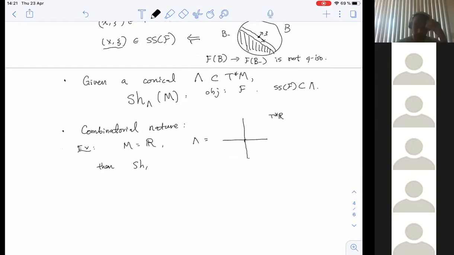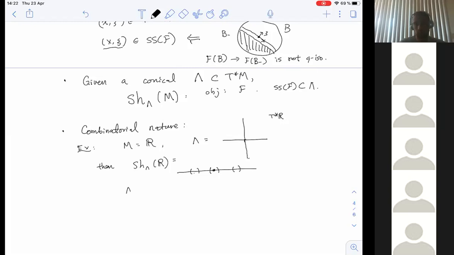Then the constructible sheaves on R with this stratification are represented as a representation of a quiver, because to give a sheaf on this, there are basically 3 possible open sets containing 0, open sets on the left and open set on the right, and there are morphisms among these sections.